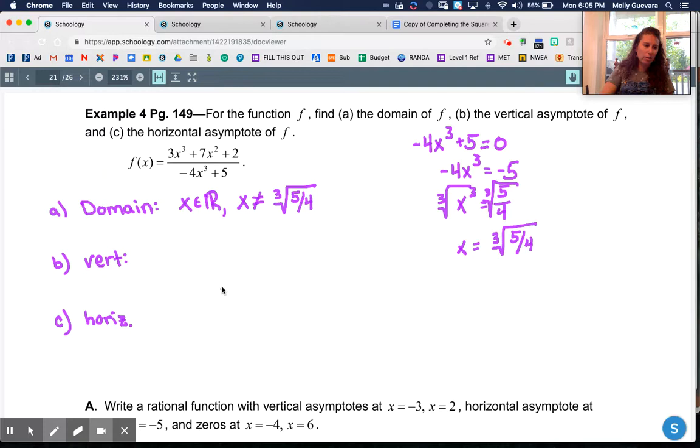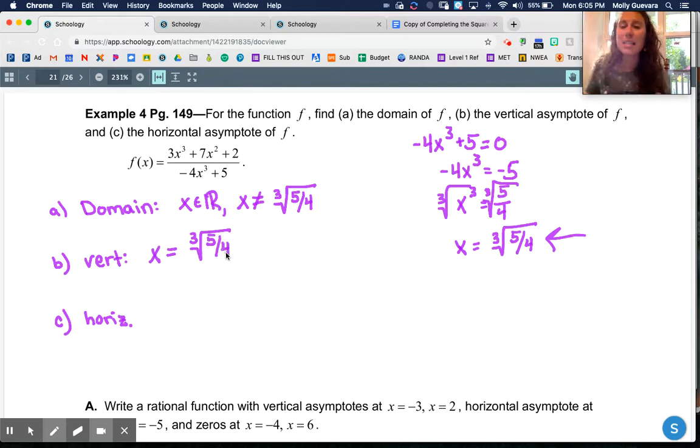Okay? Now, my vertical asymptote is anything that's a 0 of the bottom, but not of the top. Well, the only 0 of the bottom is this guy. And I'm going to go ahead and assume that that's not a 0 of the top, right? So there is a vertical asymptote at the cube root of 5/4.